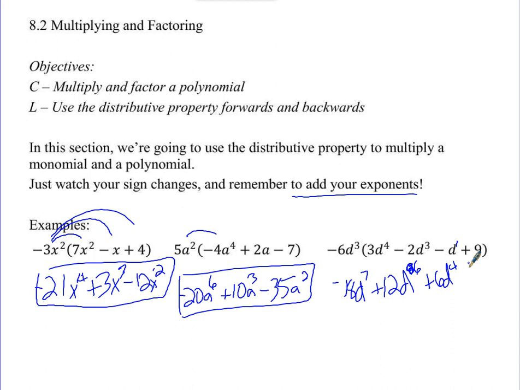So d to the 3rd times d to the 1st is d to the 4th. And then minus 54d to the 3rd. There you go. And again, it's in standard form. We have the 7th degree term, then the 6th degree term, there's no 5th degree term, then the 4th degree term, then the 3rd degree term, and then there's nothing else. So that's the correct answer right there.